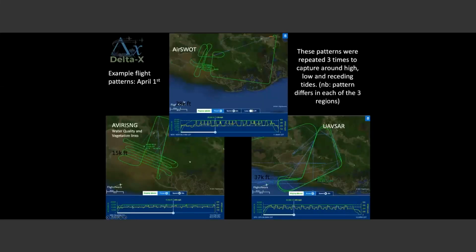With AVIRIS-NG, you can see these east-west patterns are to make measurements of vegetation structure. We also had flight lines that were dedicated to water quality assessments. But nonetheless, even the vegetation lines here can be used for water quality assessments. When I say water quality, it's sediment concentrations in the water column.